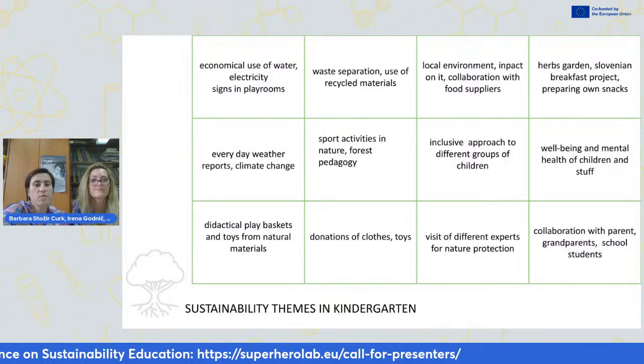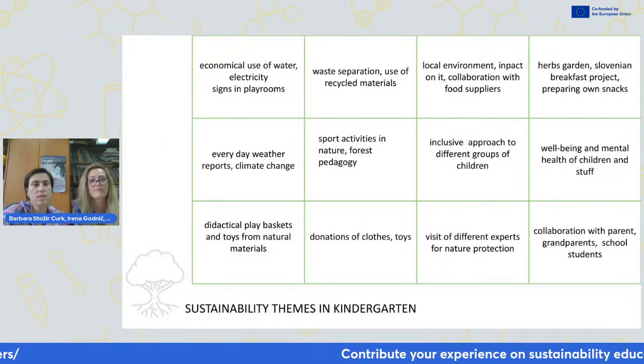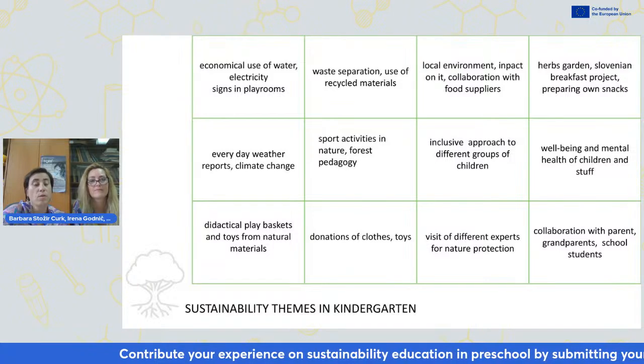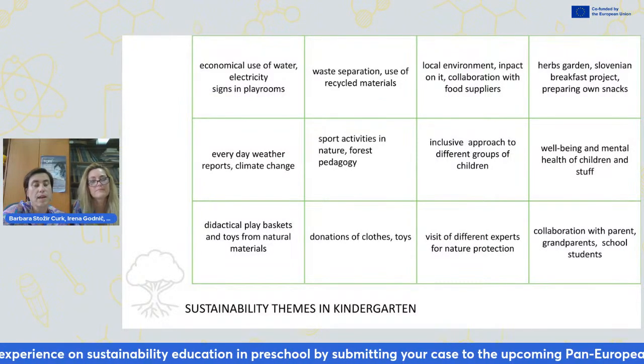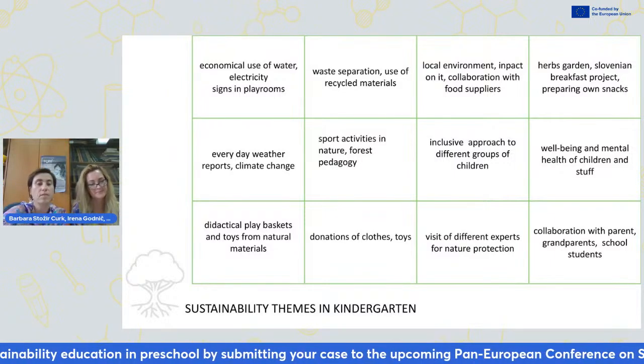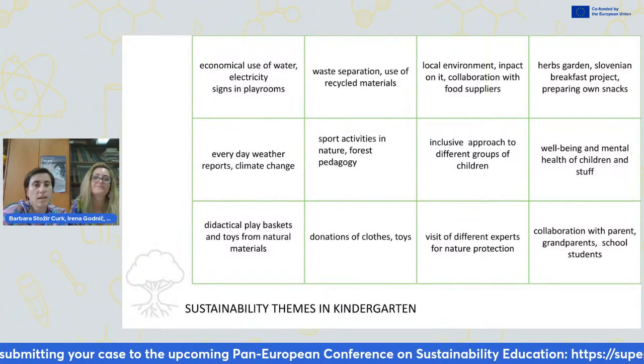Some themes that we use in kindergarten to promote sustainability: economical use of water, electricity, and science in our playrooms. We also use waste separation and recycling materials for toys and other things we need in our kindergarten.